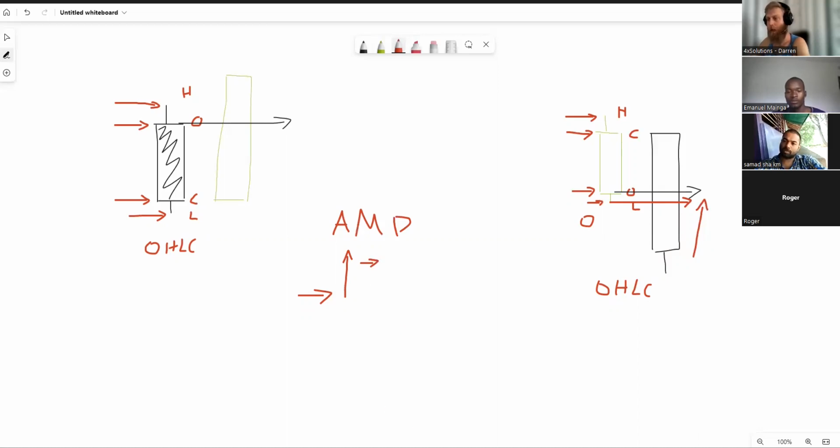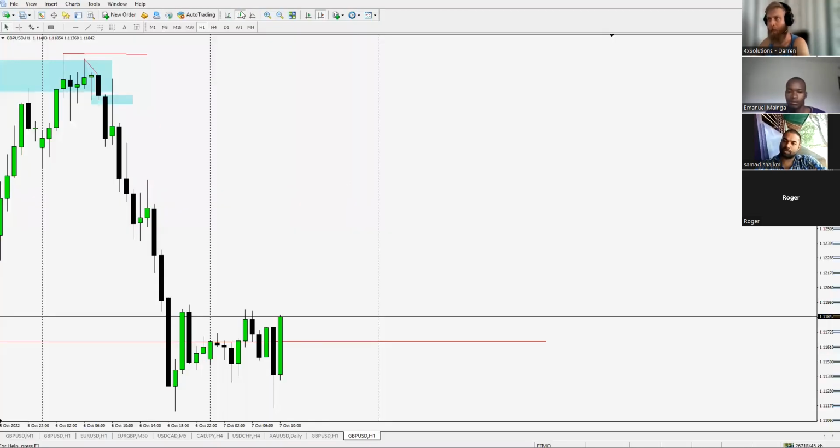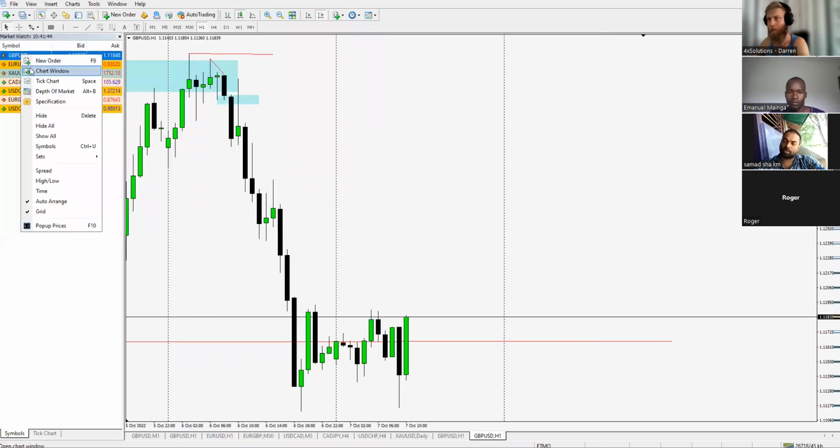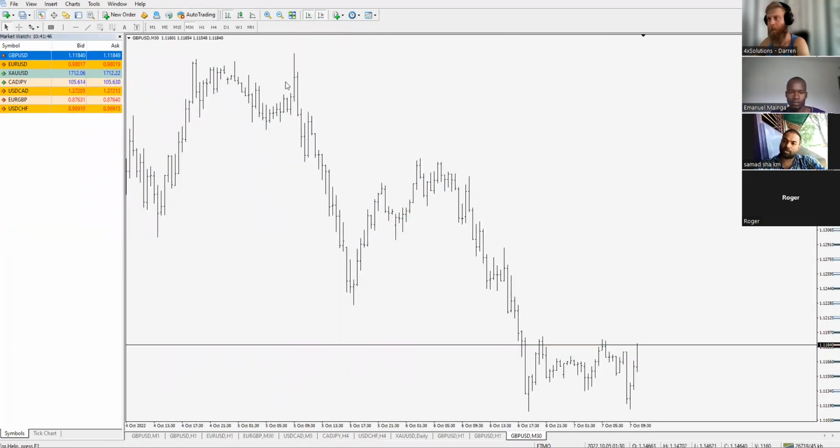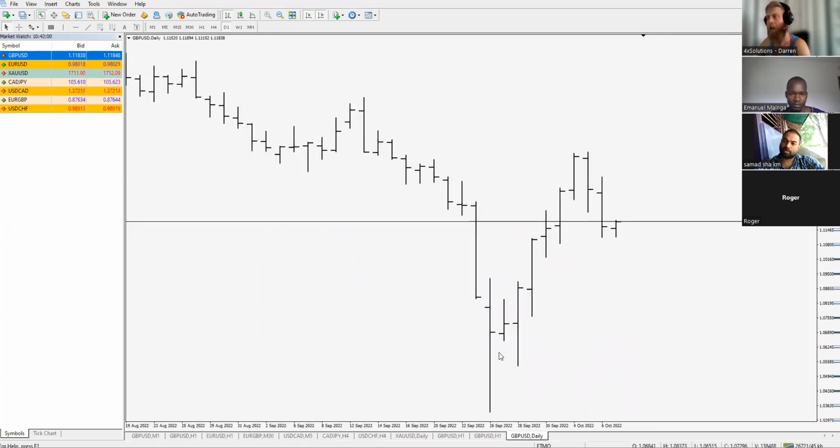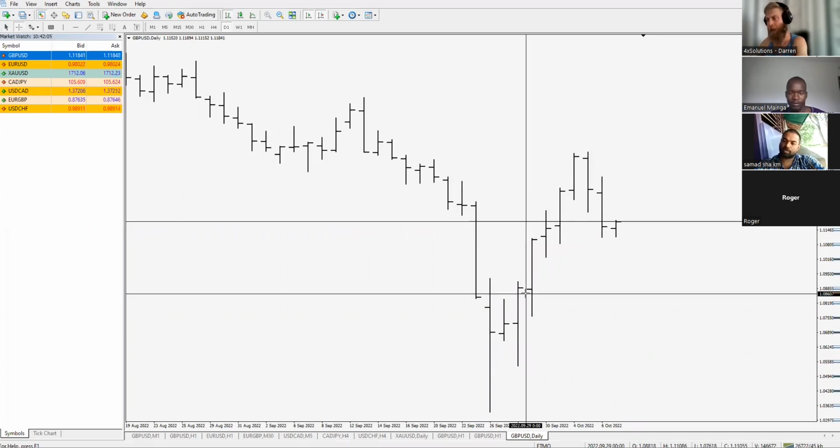If you've ever looked at this chart type, this is exactly all it is. It's just candlesticks, but what are they called? Bar charts. It's the same thing. Price opens, a low, high, and close. Obviously, if you do it from a higher time frame, when price is bullish, what is it doing?